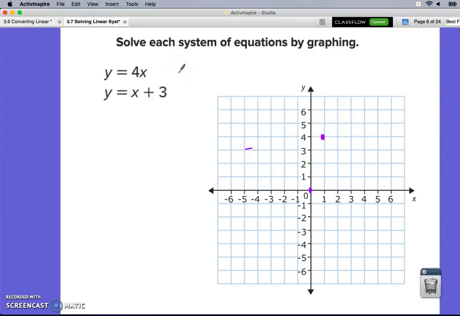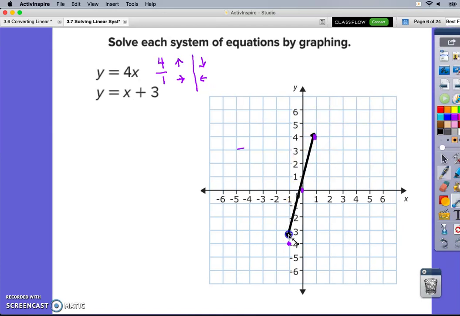Because my 4 is actually 4 over 1, it's positive, so I go up and to the right, or down and to the left. So I could go down 4 and to the left 1. Okay, so I have a line here that I'll create with my straight edge.